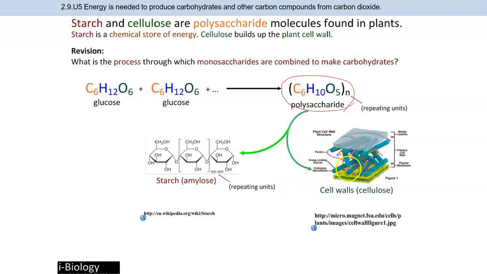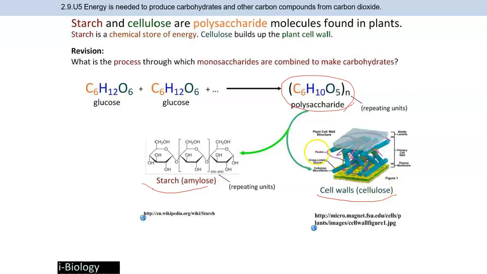So it depends on the need of the plant. Some of them will be stored as starch. For example, potato is made of starch, and the cell wall, which is necessary for the plant cells, is made of cellulose.